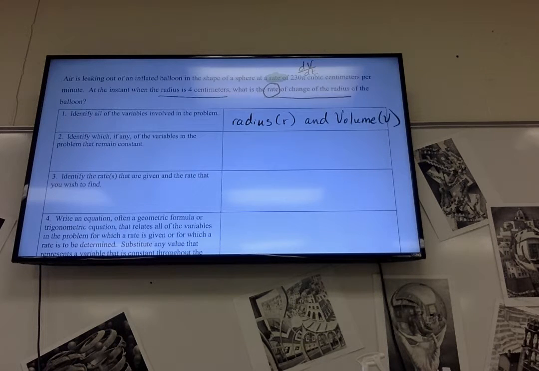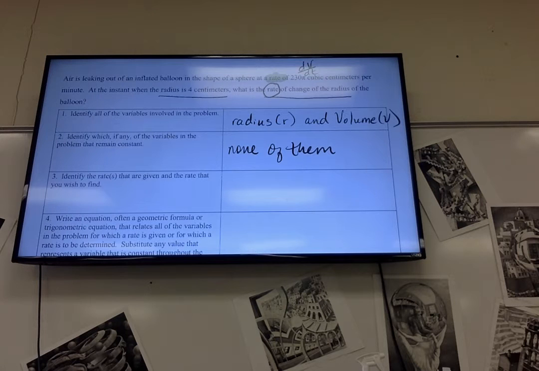Now, number 2 says identify which, if any, of the variables in the problem remain constant. None of them. You are absolutely right. The reason is that it's shrinking, so the radius is not going to be the same.